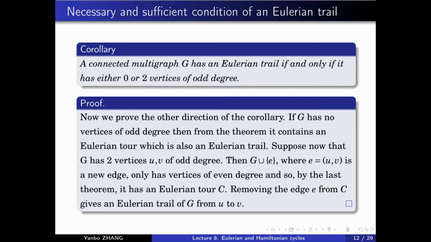Then we have a new graph G union E, where E is a new edge with two endpoints U and V. The new graph G union E only has vertices of even degree, and so, by the last theorem, this new graph has an Eulerian tour C. Removing the edge E from C gives an Eulerian trail of G from U to V.